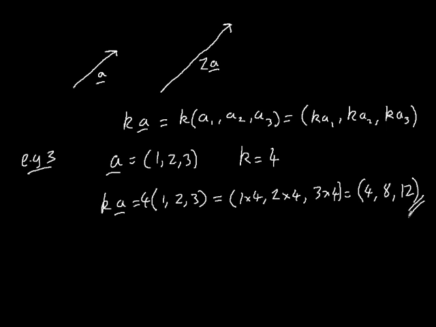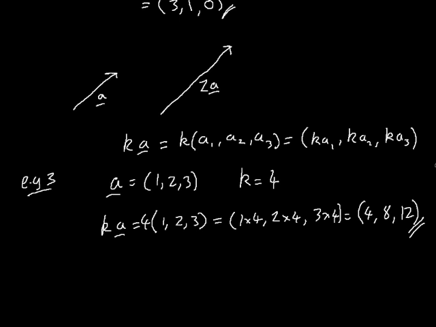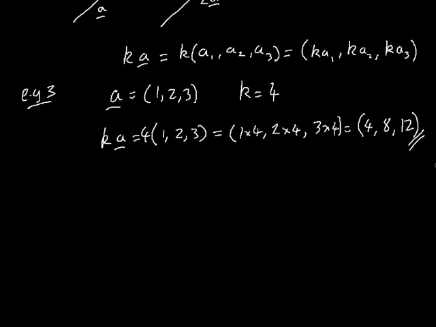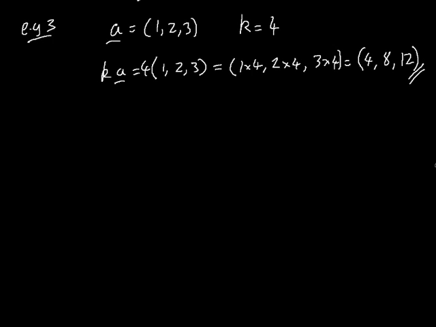One final thing to note is that if you multiply by a negative scalar, it simply reverses the direction of A. If I redraw A, that's my vector A. If I multiply A by -1, it just reverses the direction.